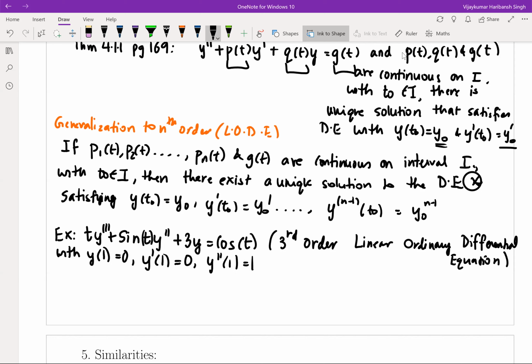So you need to give, third order means 3 initial conditions must be given to you, right?